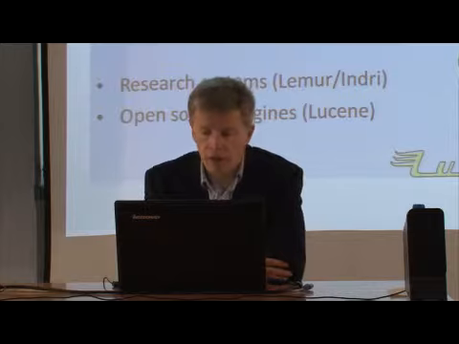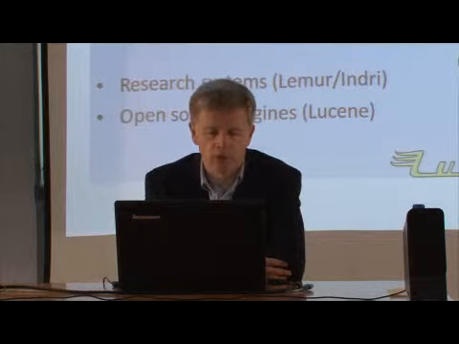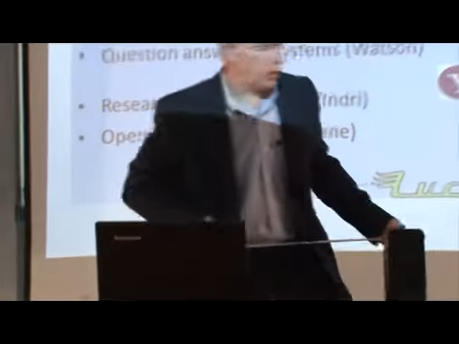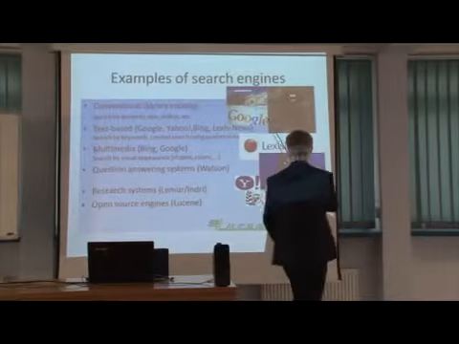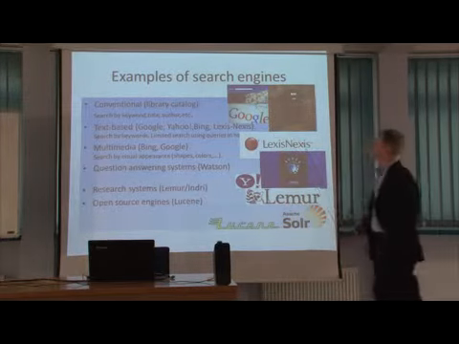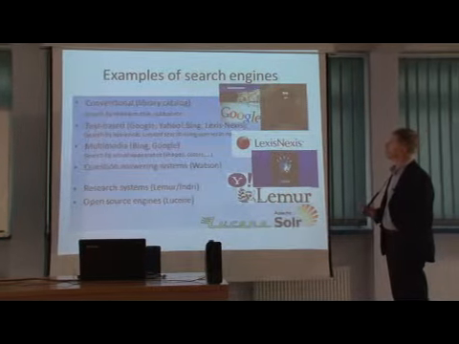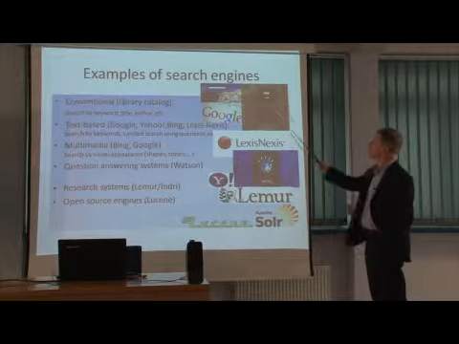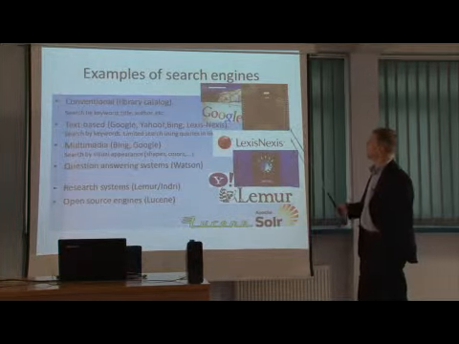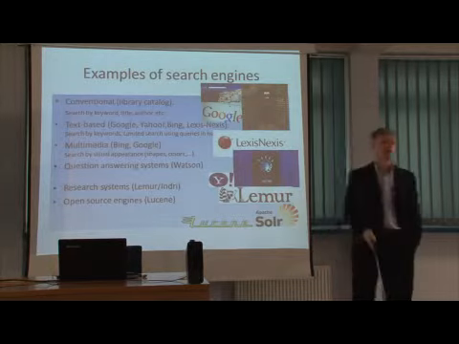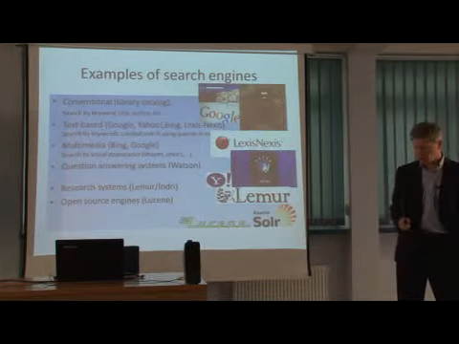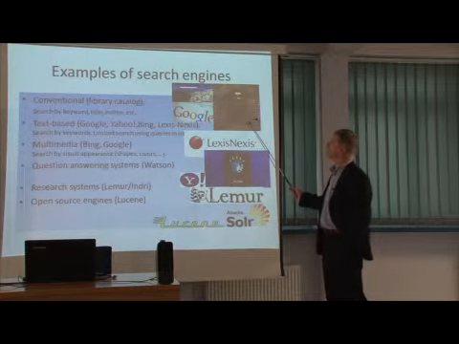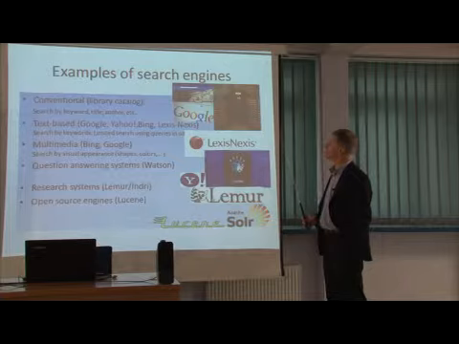So there are different examples of search engines. What you see, obviously, everybody knows Google. Some people know Bing, or maybe everybody knows Bing right now. But the traditional library catalog can also be viewed as a search engine. It's a search engine which is not electronic, unless the catalog was transferred into electronic form.